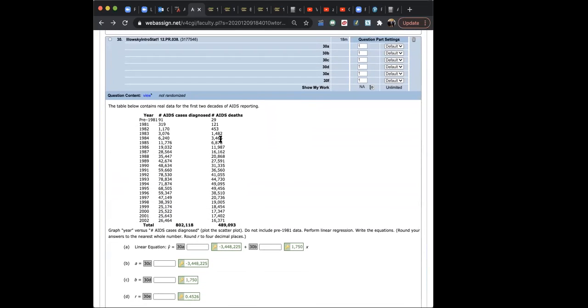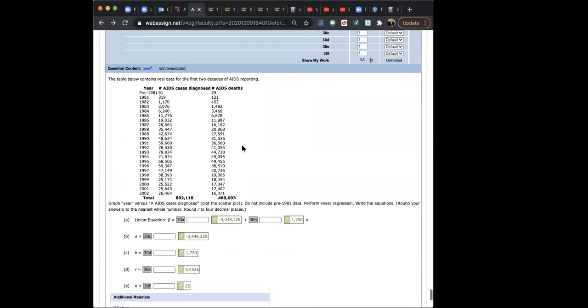The table below contains real data for the first 2 decades of AIDS reporting. Graph year, here's the year, and we're only going to use the years after 1980. Okay, so we'll use these 22 consecutive years, 1981 through 2002.